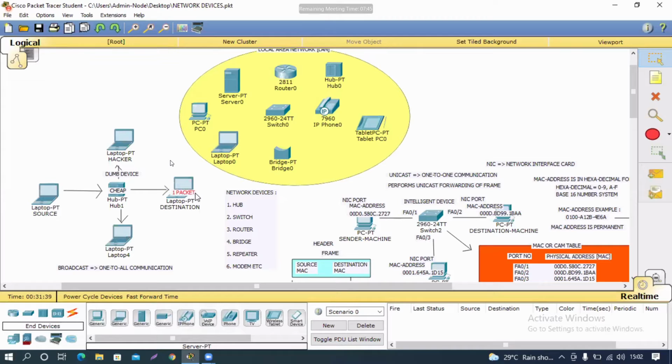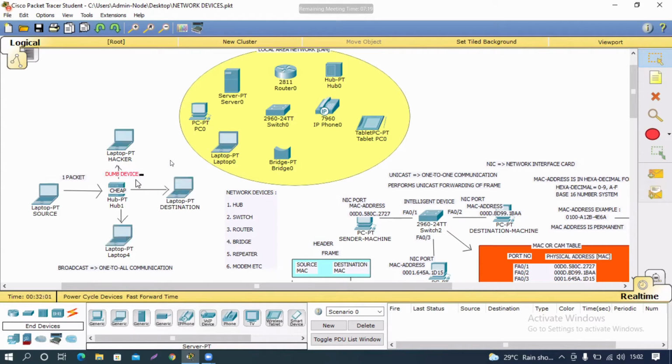It needs to be sent only to the destination, but along with the destination machine, this hacker and this laptop are also receiving it. This is considered a security risk, because when the hub receives any information, it broadcasts it to all the machines connected to it.